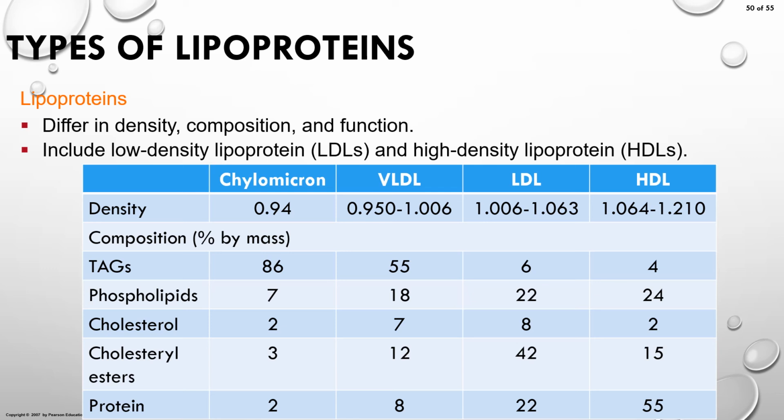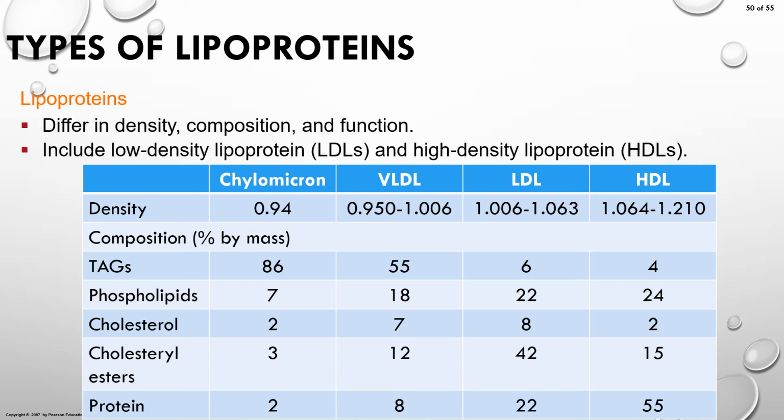So, how do they differ? Now, aside from the density, so ang pinaka less dense is the chylomicron, and then the one with the highest density is the HDL, of course, high density lipoproteins. Now, aside from the density, they also have different composition. Like, for example, ang chylomicron and the VLDL, ang tags ni chylomicron is more than the VLDL.